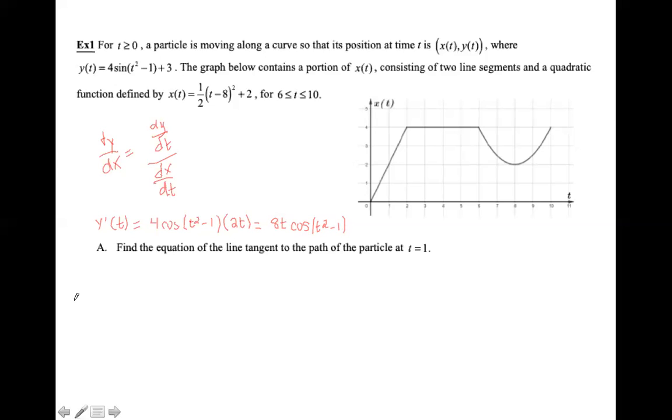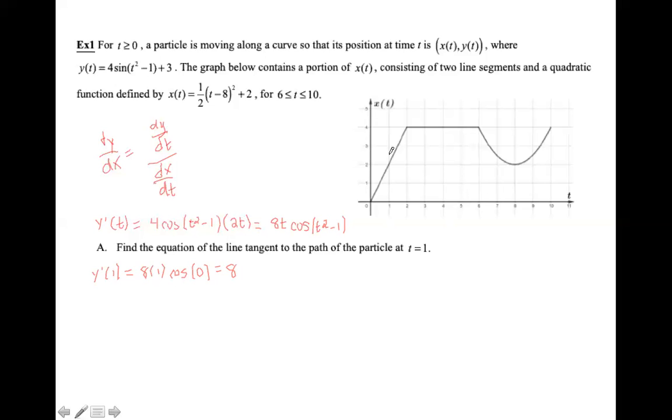Then y prime of 1, since we're trying to find the tangent line at t equals 1, is equal to 8 times 1 times the cosine of 1 squared minus 1, which is 0, and the cosine of 0 is 1, so this turns into 8. We're also going to need x prime, which is the slope here.